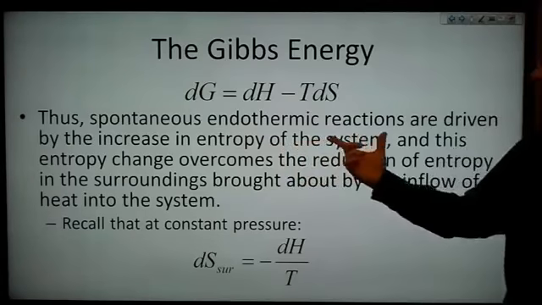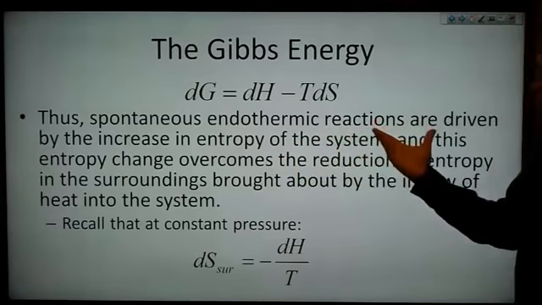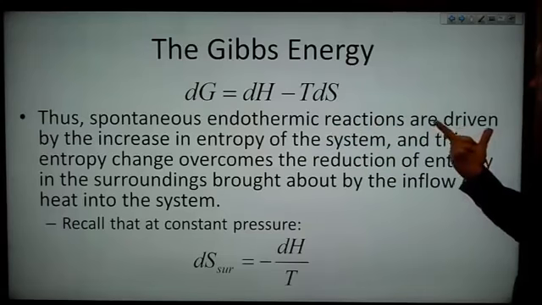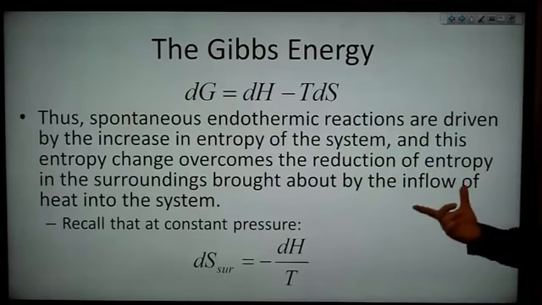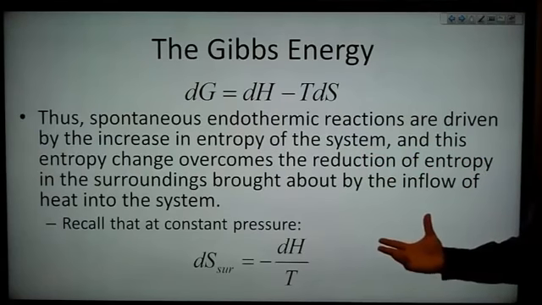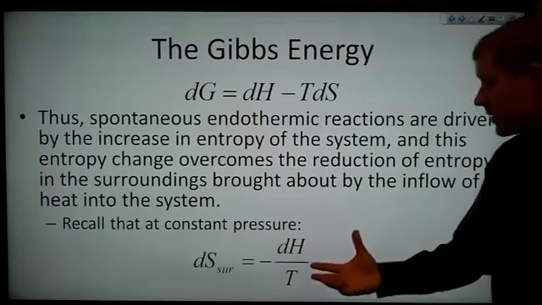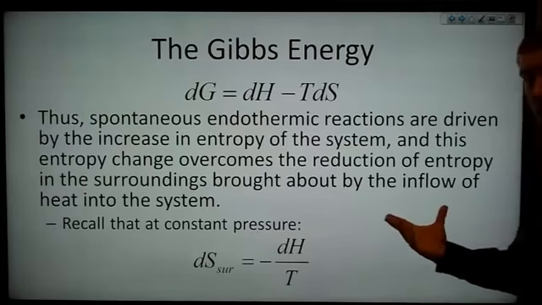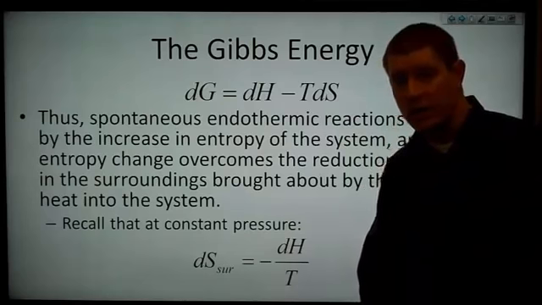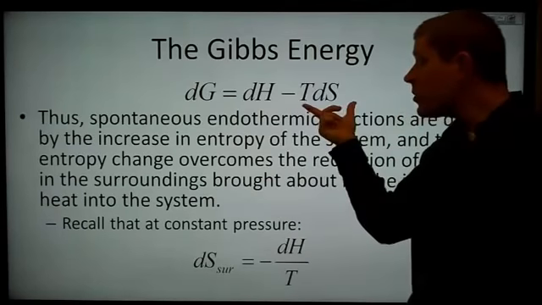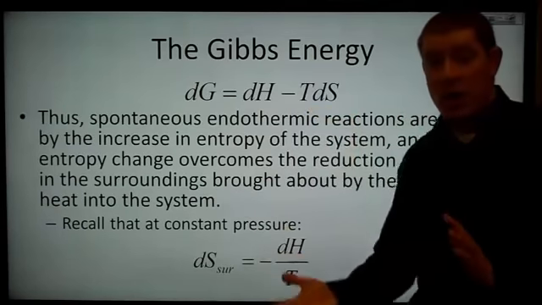So, a spontaneous endothermic reaction is driven by the increase in entropy of the system, and this entropy change overcomes the reduction of entropy in the surroundings brought about by the inflow of heat into the system. As heat is flowing into the system, the surroundings are decreasing in entropy, but this increase in entropy of our system has to outweigh that.